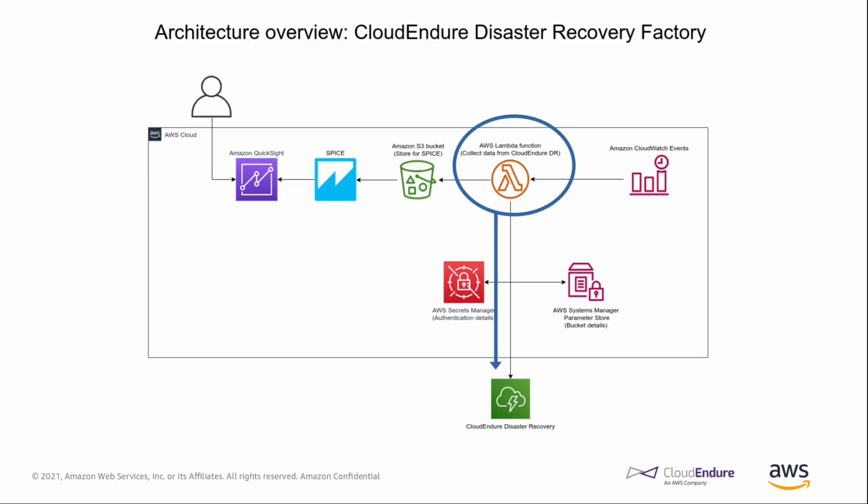The bucket details are kept in AWS Systems Manager Parameter Store parameters, so that the Lambda function knows which bucket to store the data in and what prefix to store it under. Once the CSV is uploaded, it deletes the local copy of the CSV and disconnects the session with CloudEndure. Finally, it triggers QuickSight to ingest the data from the S3 bucket.